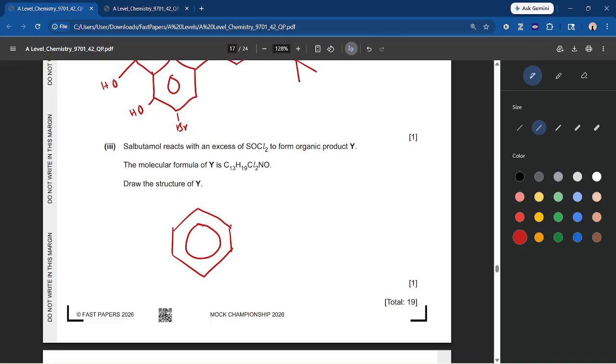Instead of this being a hydroxyl, this will be chlorine. This will still be NH, and you can keep the OH here, not an issue, but over here, this will be connected to a chlorine.